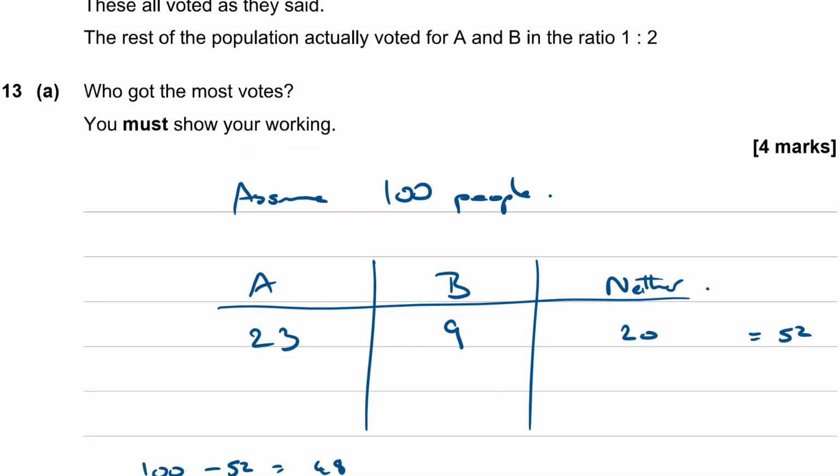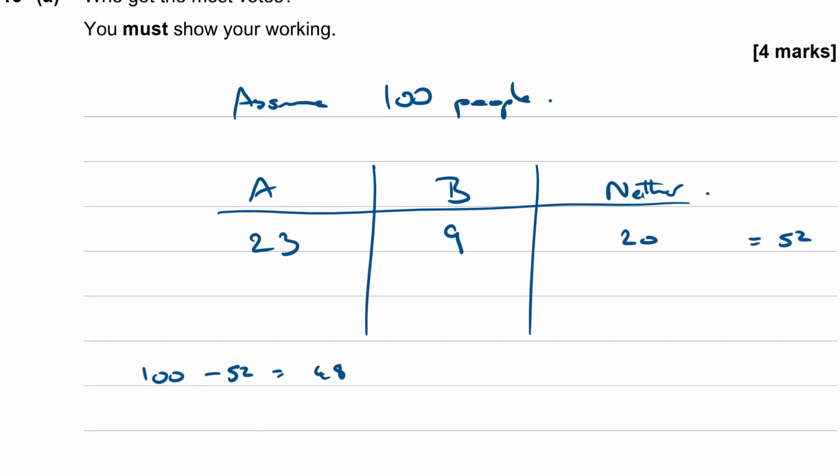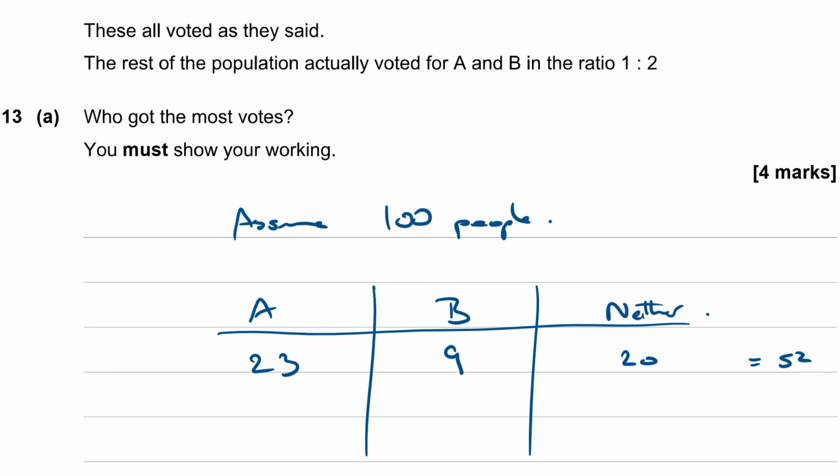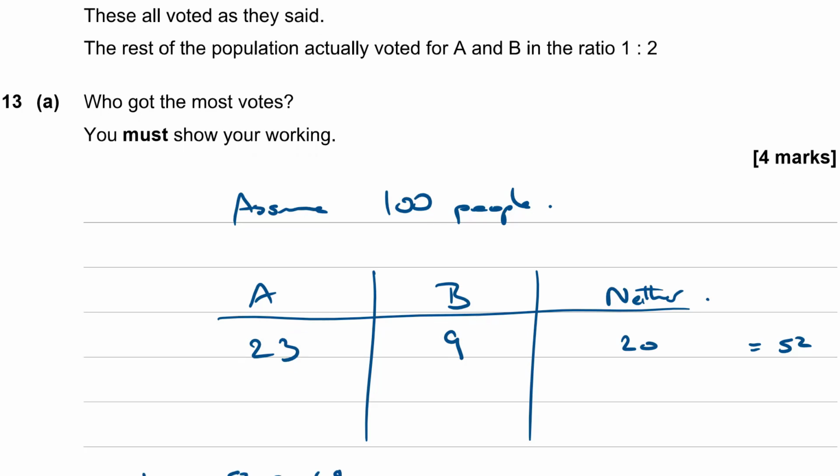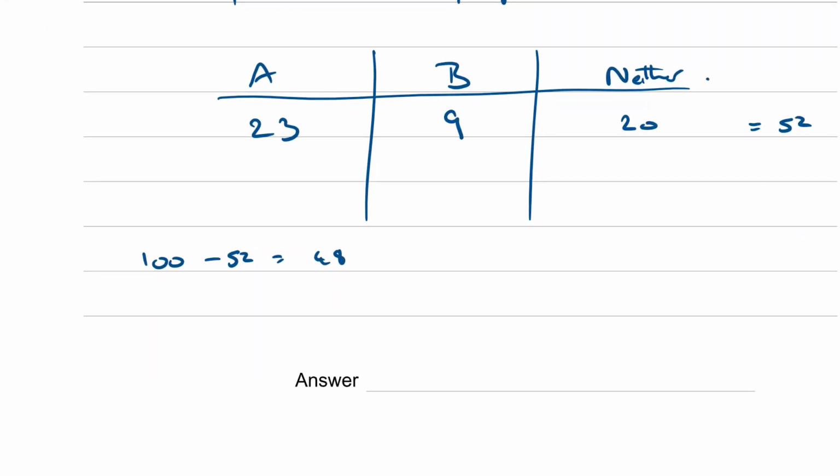And if I divide that into the ratio of 1:2, because that was the ratio that they voted in, 1 part to A, 2 parts to B, divided by ratio, 1 plus 2 is 3. So I need to divide 48 into 3 parts. So 48 divided by 3. 3 into 48 goes 16 times.